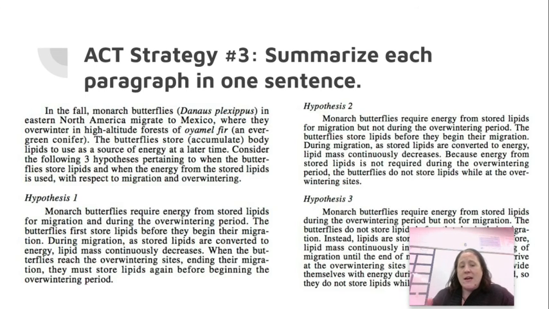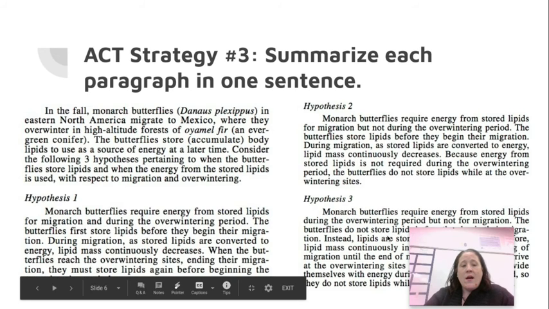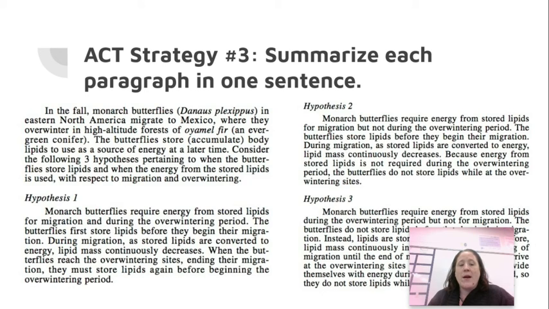And so if we hop down to hypothesis 1, I would just read the first sentence. Monarch butterflies require energy from stored lipids for migration and during the overwintering period. Okay, if I keep on reading, the butterflies first store lipids before they begin their migration, and then during migration, as stored lipids are converted to energy, lipid mass continually decreases.